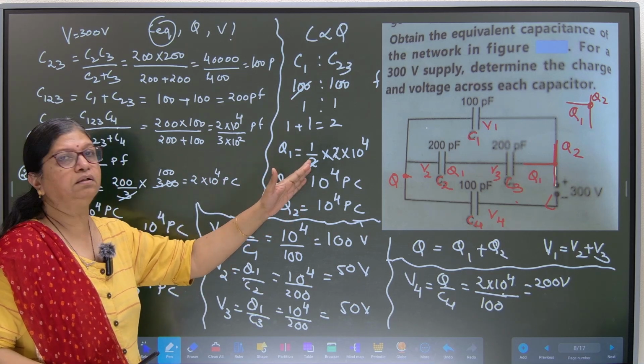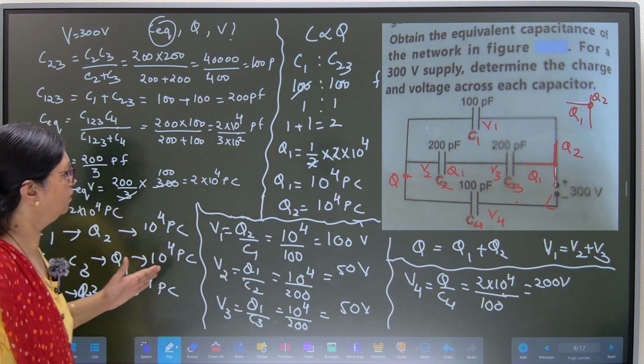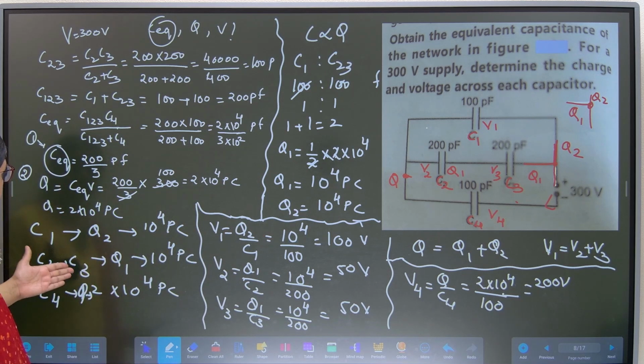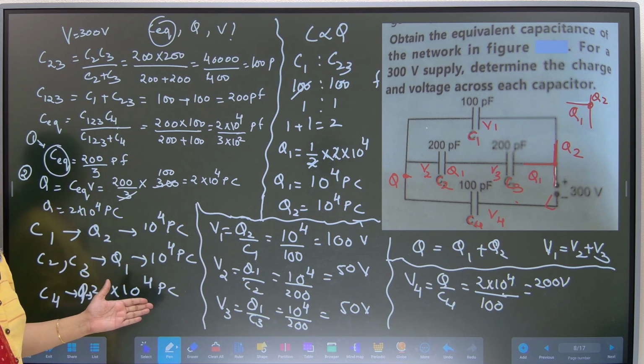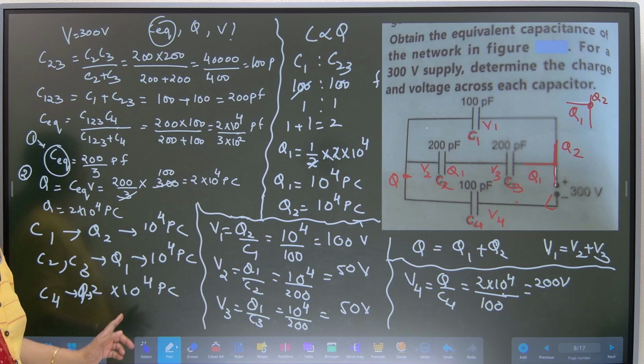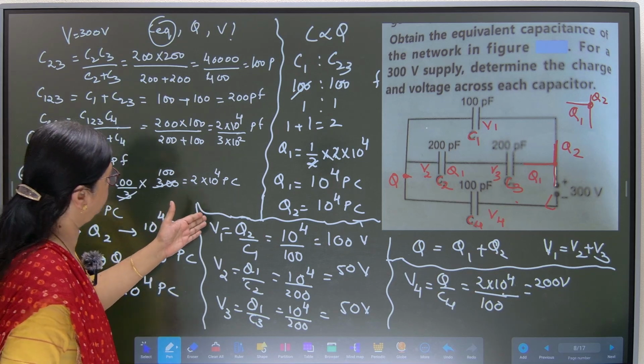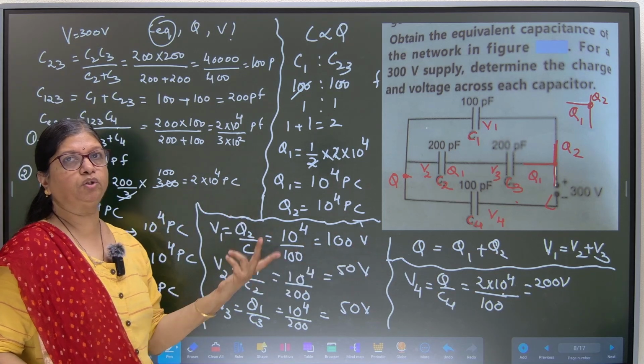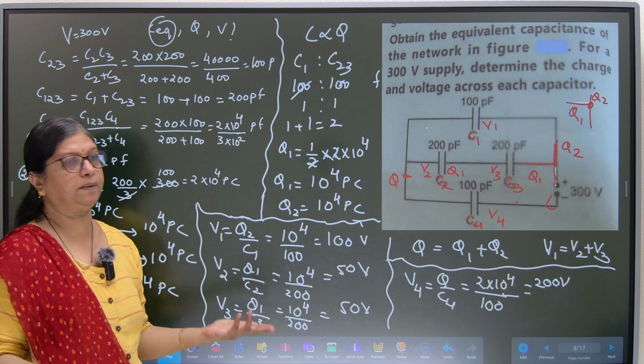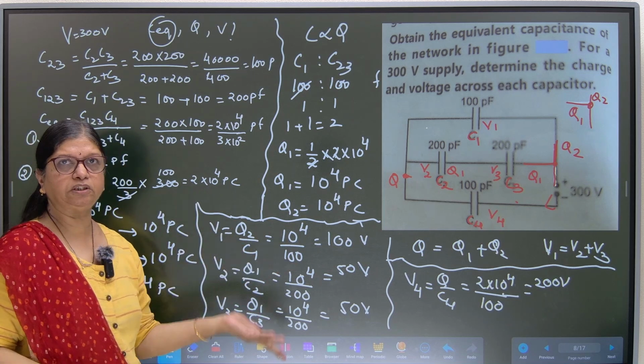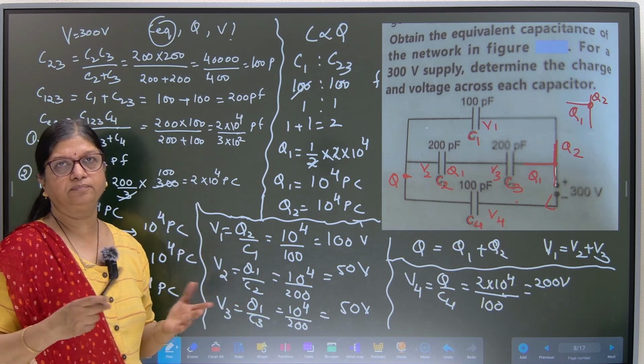Using the charge distribution, find out the charges on each capacitor. Using that information, you can find out the potentials, because out of the 3 variables, you have 2 variables. Substitute, find out. It is very easy.